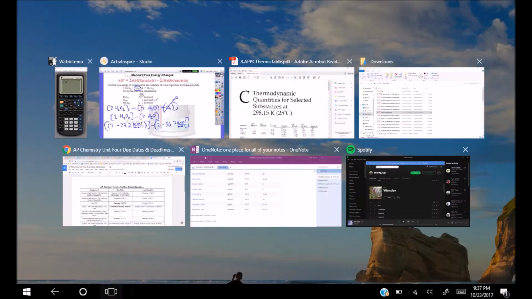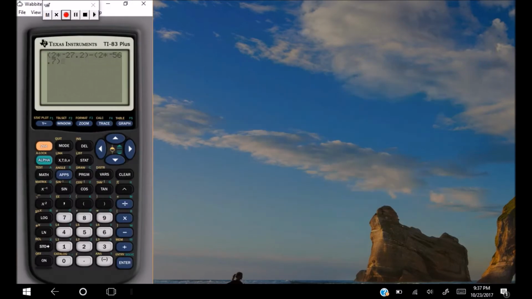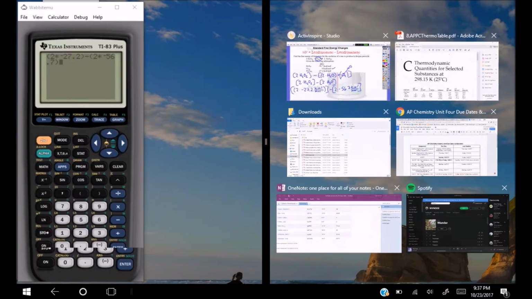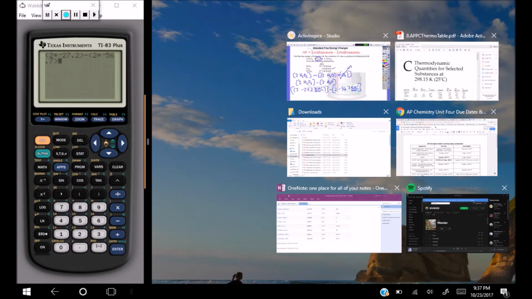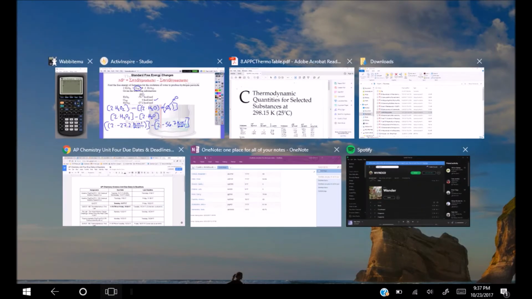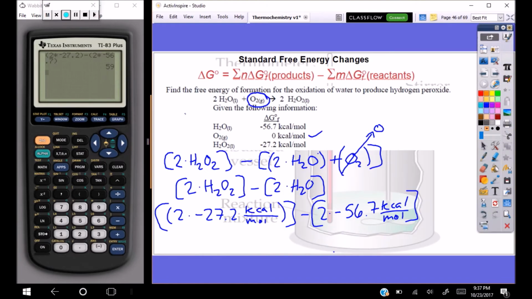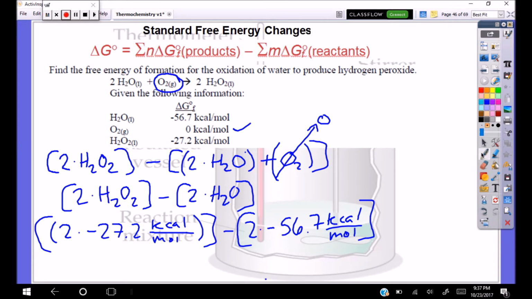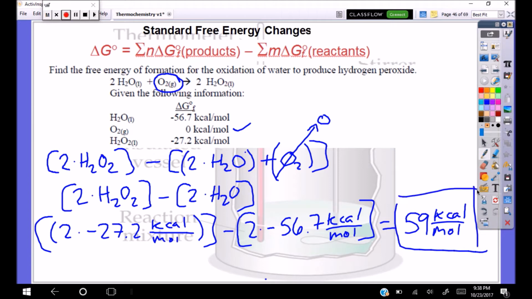Make sure you put parentheses around it, because what ends up happening in our second half, our reactants half here, is we are subtracting a negative, which means we're really adding. So we end up getting a positive 59 kcals per mole here. All right, and that would be our delta G.